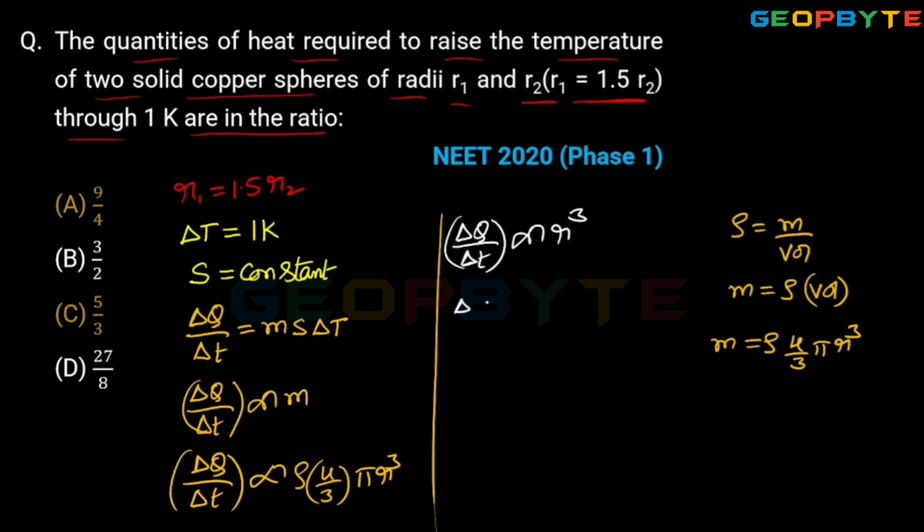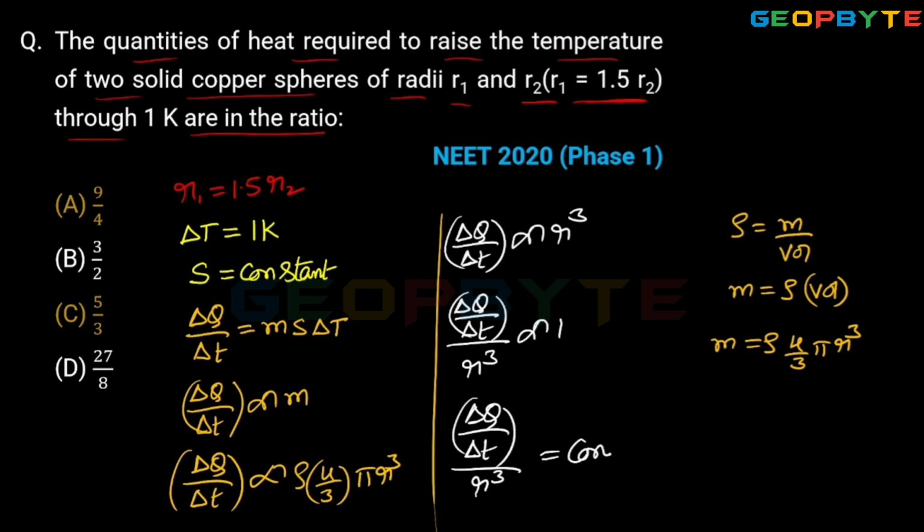Then Q divided by r cube remains constant.